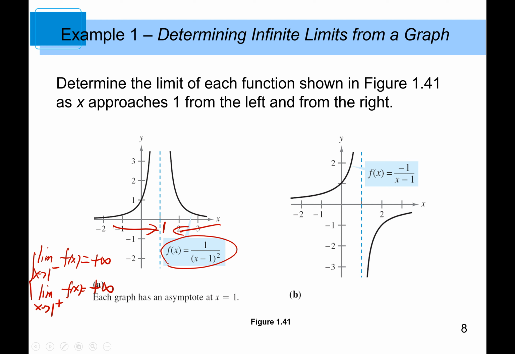That means the limit does not exist, so we have an infinite limit occurring at x equals 1. This is also what they call an asymptote. This dashed line is called the asymptote.